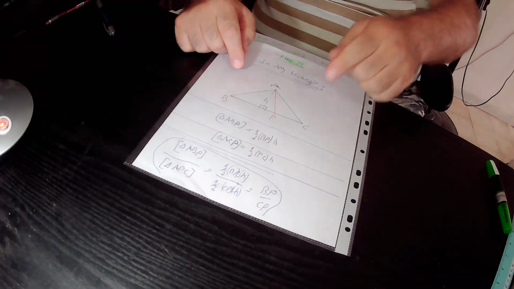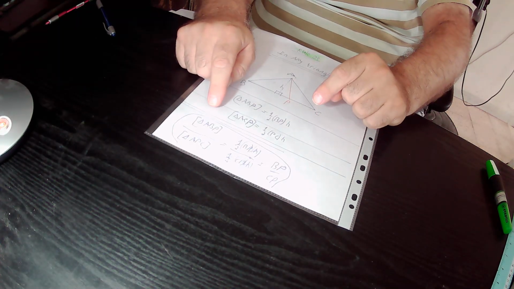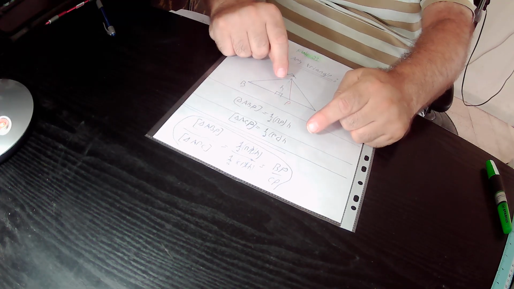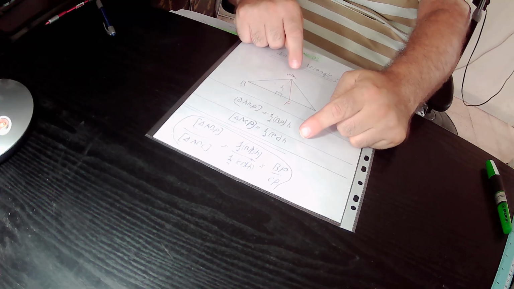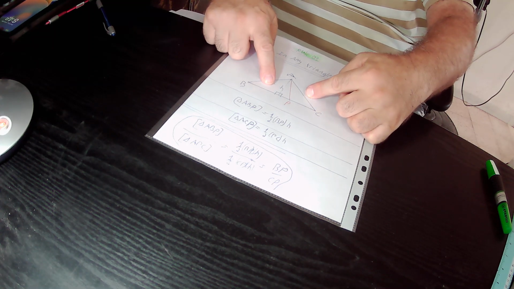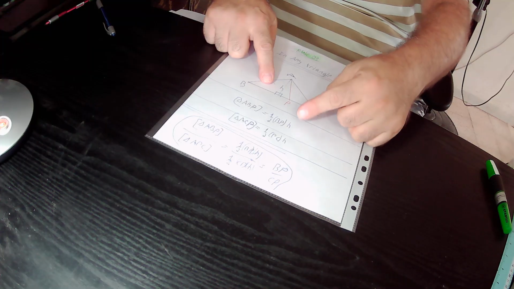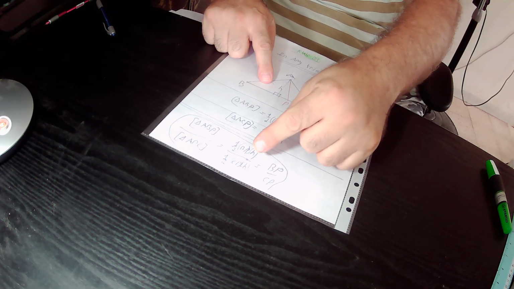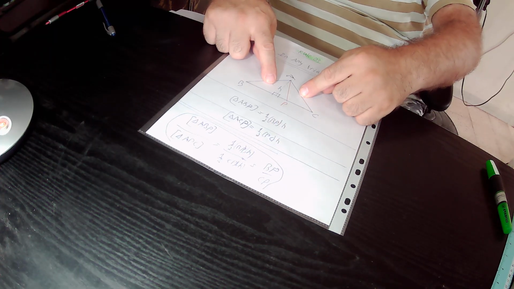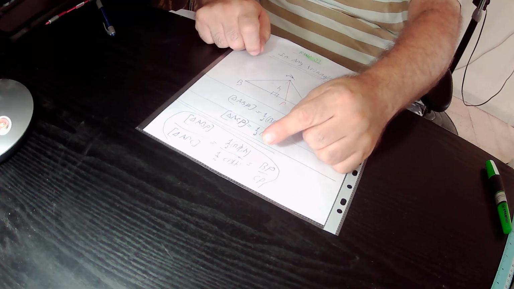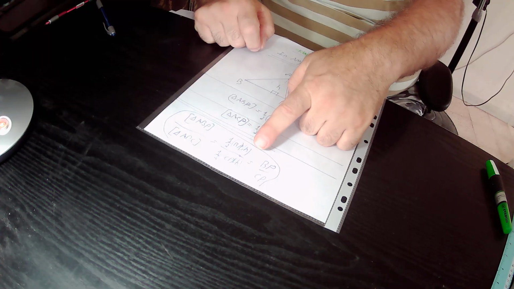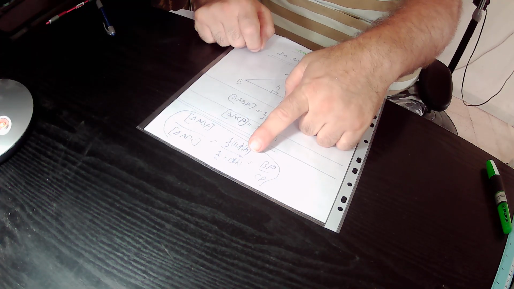So how do we arrive at this equation? We know that the area of triangle ABP is the base BP times the height H over 2. The area of triangle APC is the base PC times the height H over 2. Those two expressions are the areas of the two small triangles, and the ratio between the areas is the ratio between those two expressions. We have H in the numerator and H in the denominator, so H cancels.